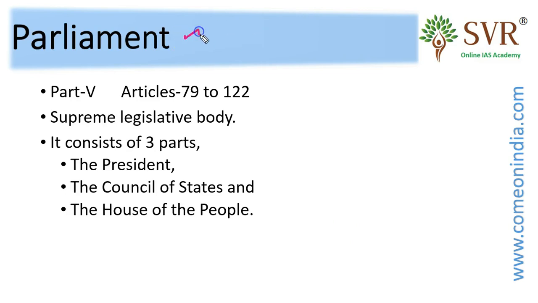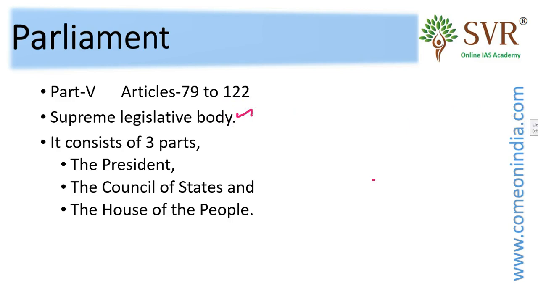Parliament. In Part 5 of the Constitution of India, with Article 79 to Article 122, we are discussing the powers, privileges, officers, functions, and various other aspects of the Parliament of India. The Parliament of India is the supreme legislative body of the country.